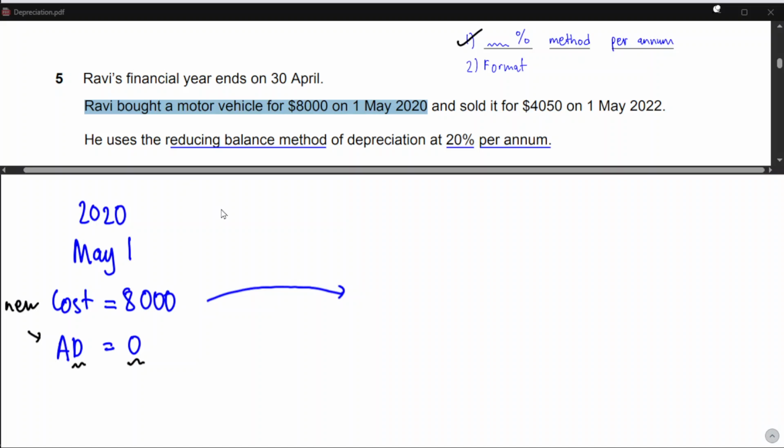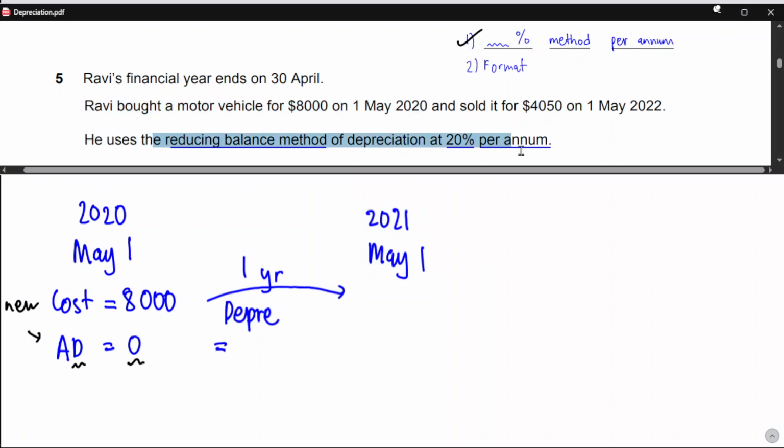So after 1 year, the depreciation will be 20% per annum reducing balance. So it is 20% times the reducing balance, the net book value. Net book value will be cost minus AD.